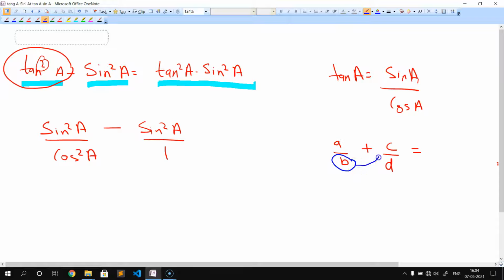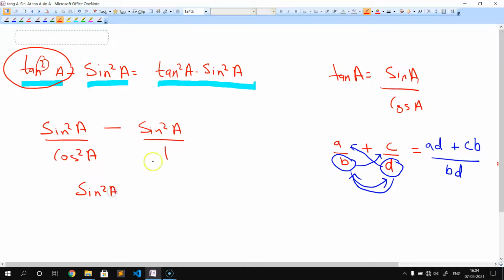B multiplies with C, D multiplies with A, and they are multiplied with each other. It becomes A into D plus C into B upon BD. Something like that we will do in our question.